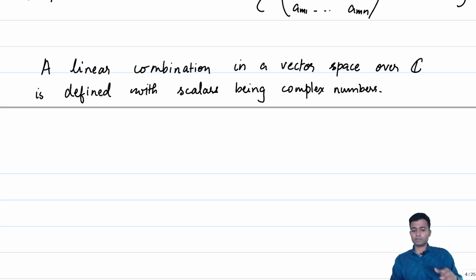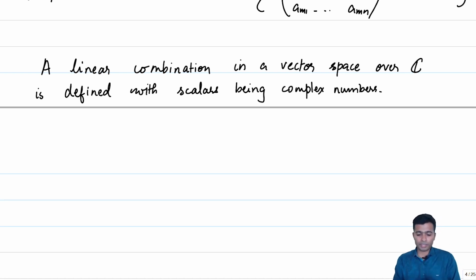So in a vector space over C, in one of the examples which we have just described, a linear combination could be defined analogously, or rather the definition was already given in a very general case wherein we just use the word scalar. Here our scalar now is complex numbers.